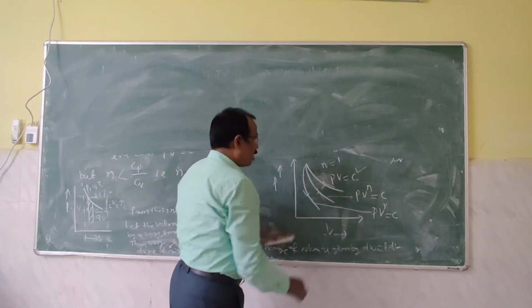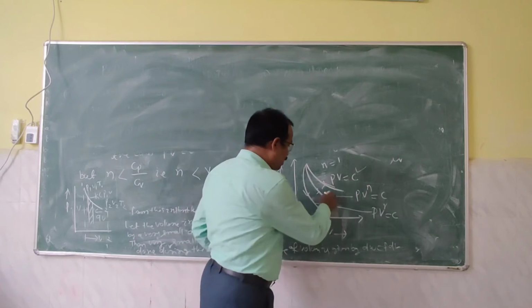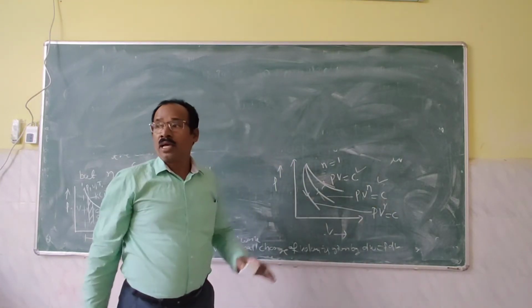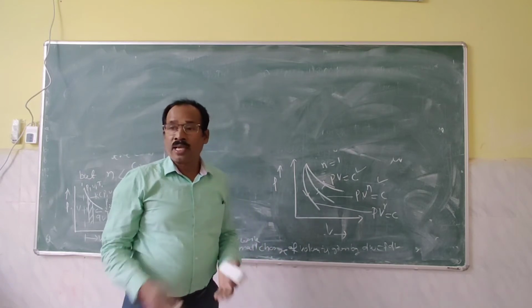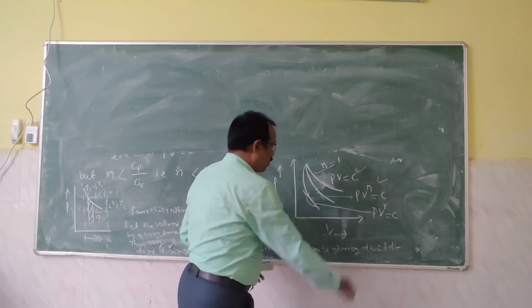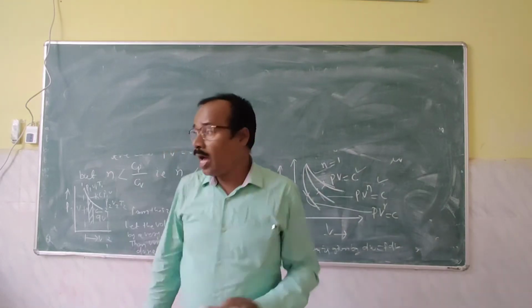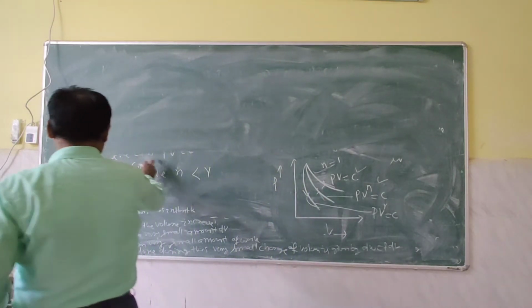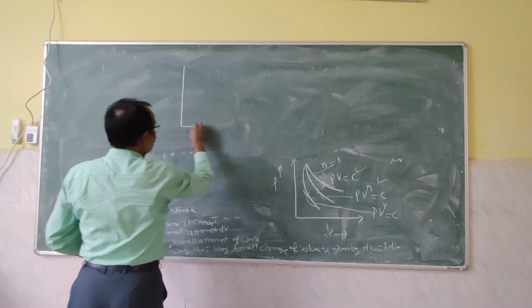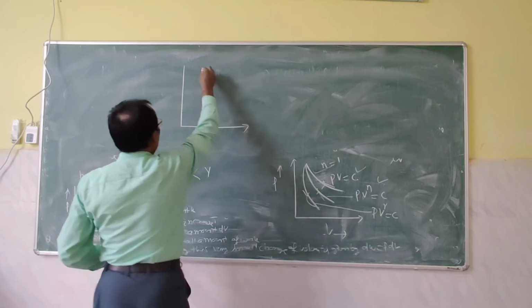But this is the polytropic process, that is Pv to the power n is equal to constant. That means polytropic process is in between isothermal and adiabatic process. Now, work done during polytropic process has been shown on the pressure volume diagram.